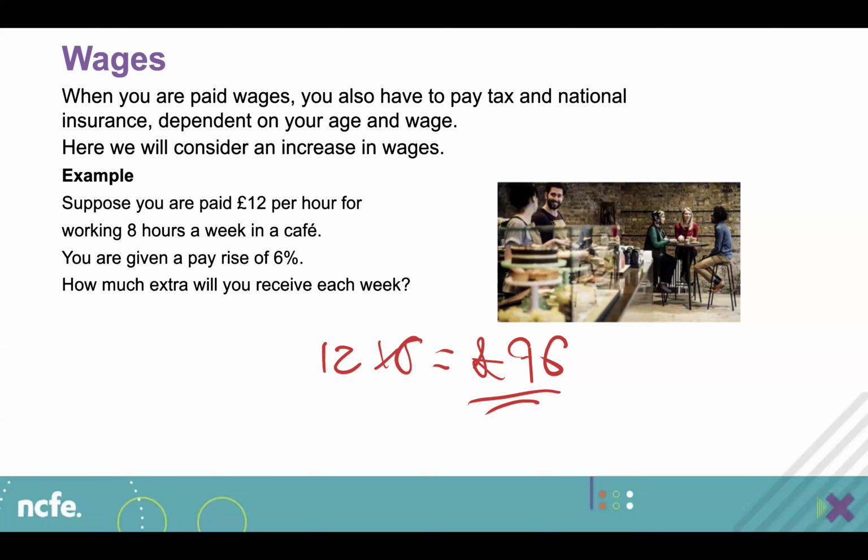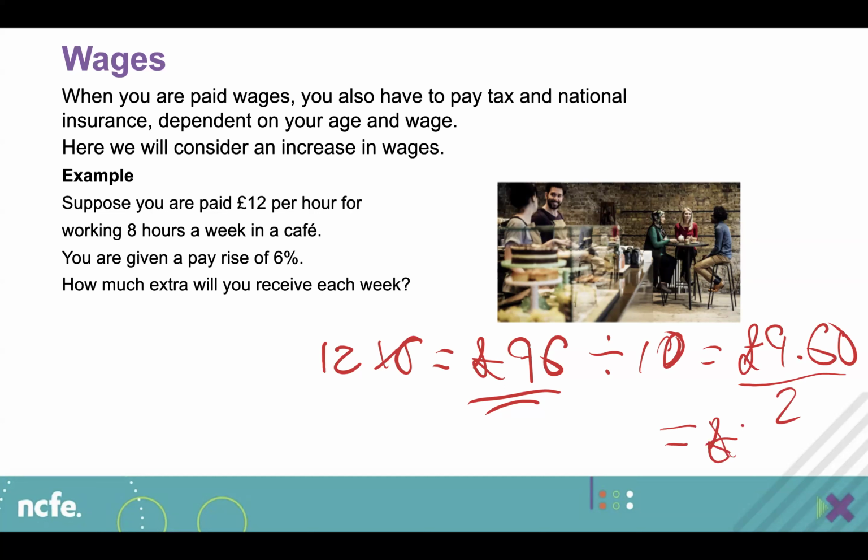So to work out 6%, we can do it in our heads by working out 5%. So 10% of this is £9.60. 5% would be divided by 2, which equals £4.80.